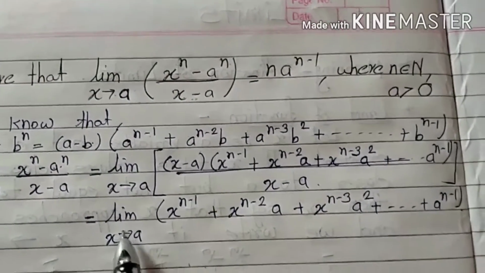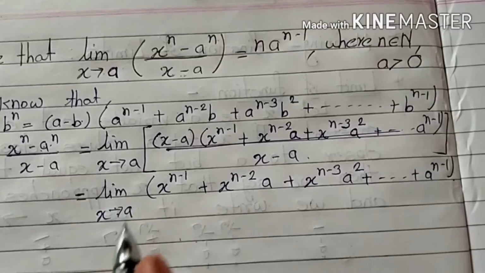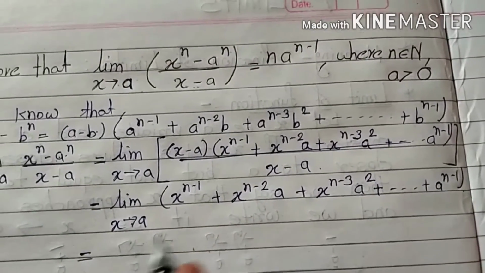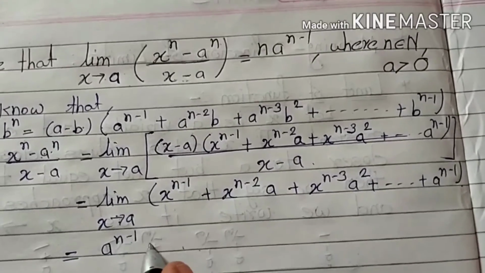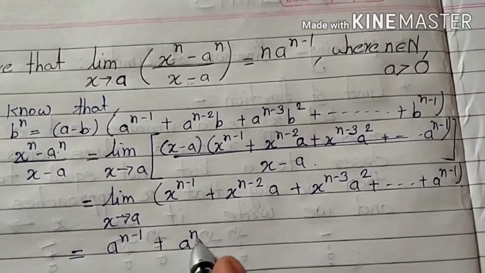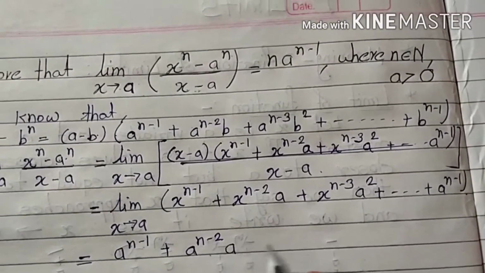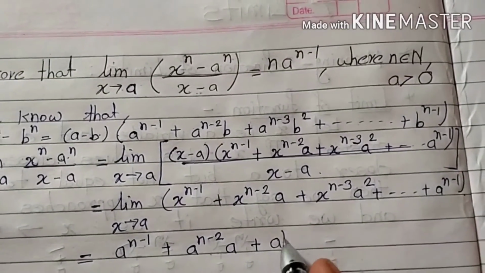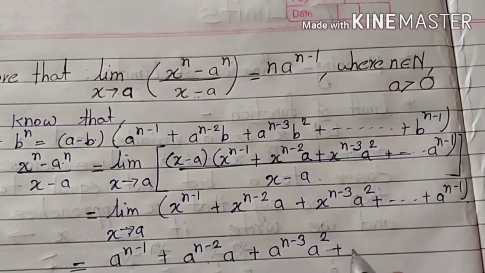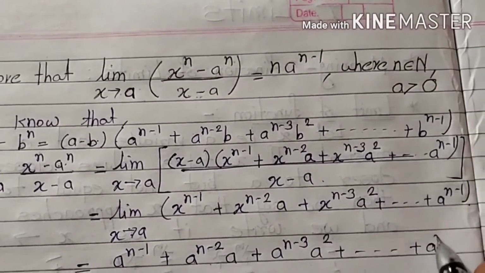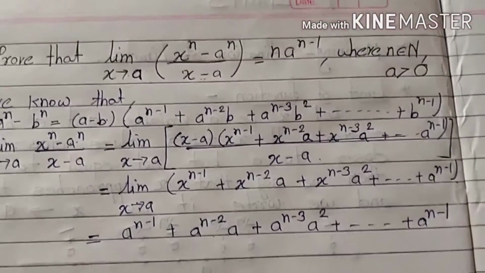So here if you apply the limit, then x takes a, that is a raised to n minus 1 plus a raised to n minus 2 into a plus a raised to n minus 3 into a square plus a raised to n minus 1.